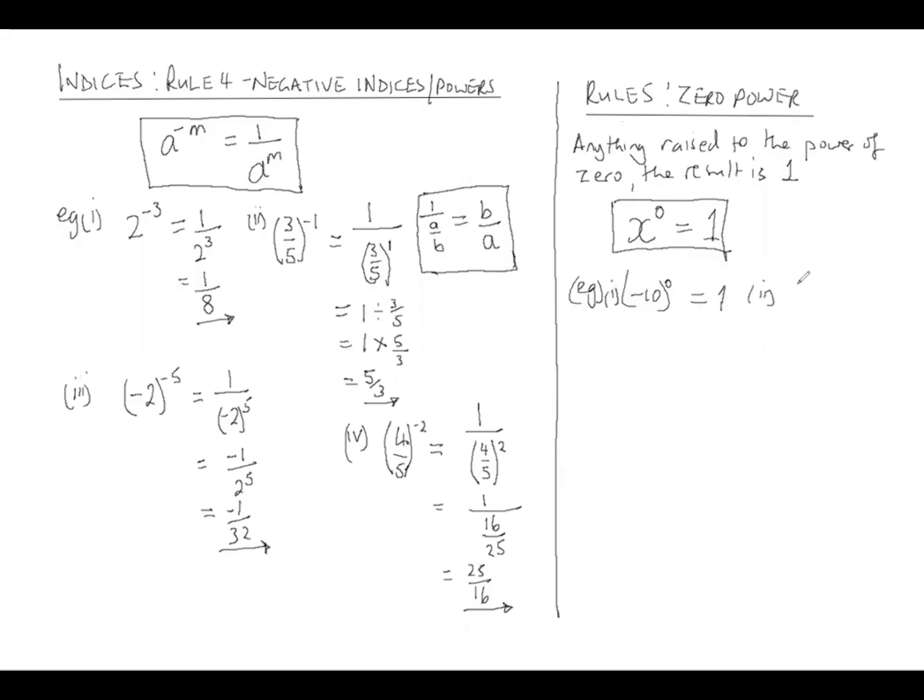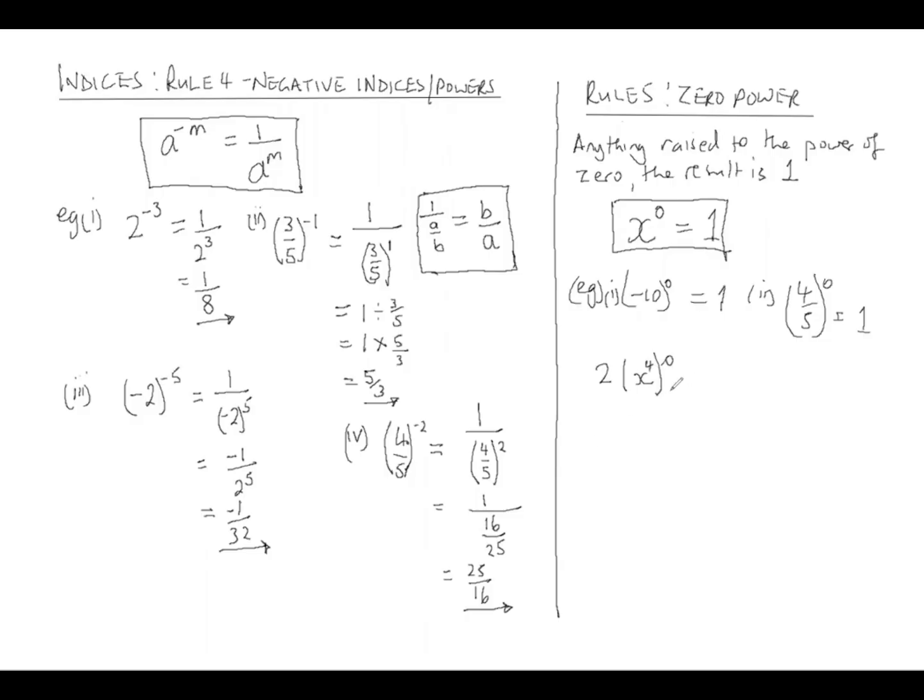If I say 4 over 5, for example, for as long as there's a 0, the answer is 1. Doesn't matter how complicated it is. But now watch out on this. If I say 2, then brackets, then x to the power 4, and I put a 0 here.